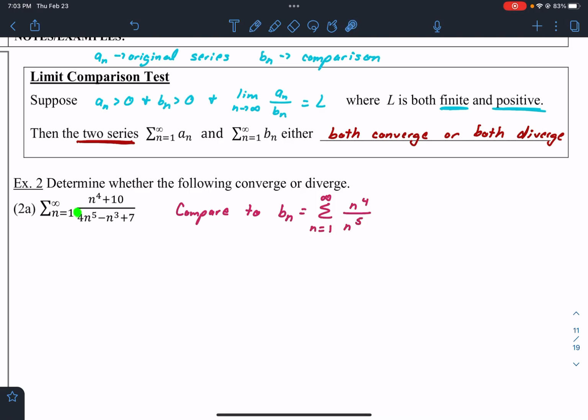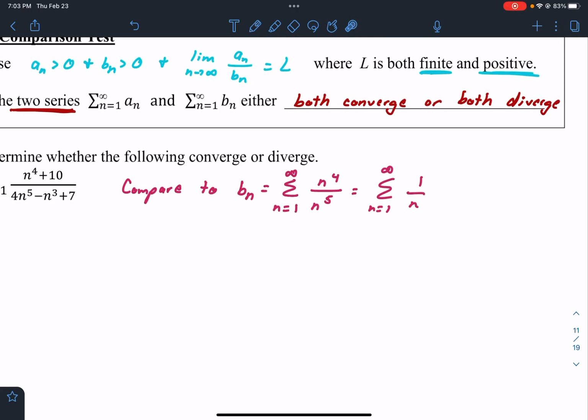Technically, a coefficient can't have an impact on this, right? So n to the 4th over n to the 5th, that doesn't really mean much to me, but when I reduce it, now I'm really familiar with that series. So what I'm saying is that I think this series could possibly be behaving the same way as this original series, the A sub n.